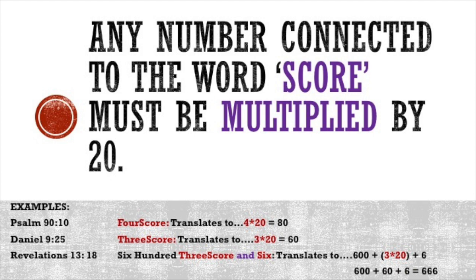Or Daniel 9:25, which is 3 score, which means 3 times 20 is 60. And in Revelations, you have 600, 3 score, and 6. We're just going to focus on the score for now, and that translates into 3 times 20, just like the previous one.